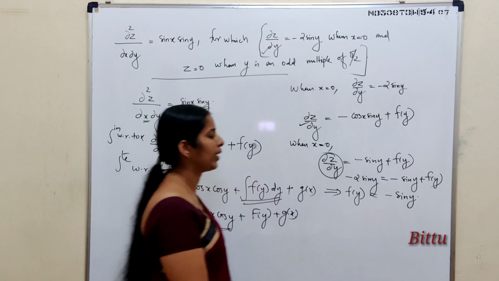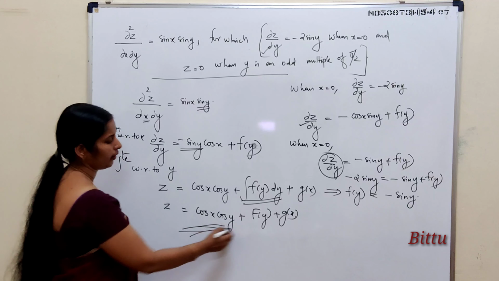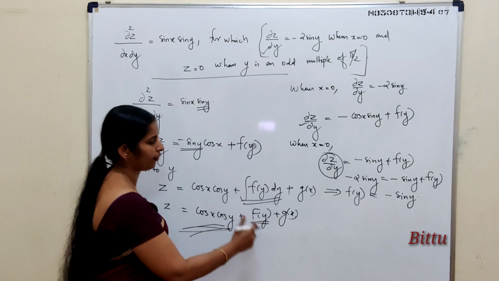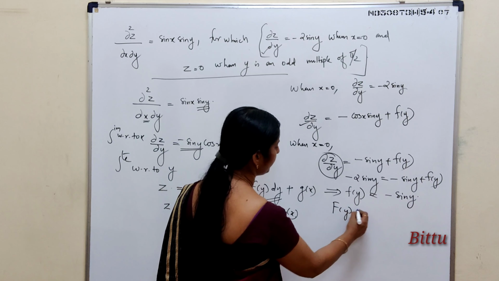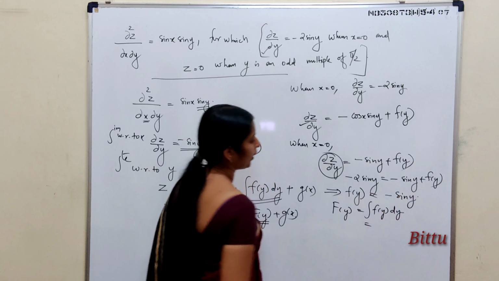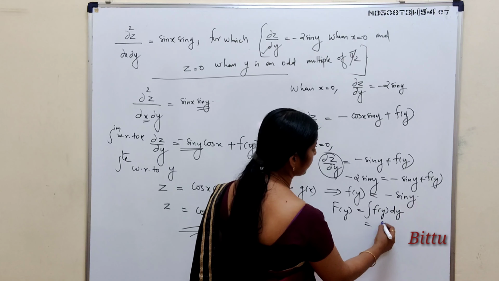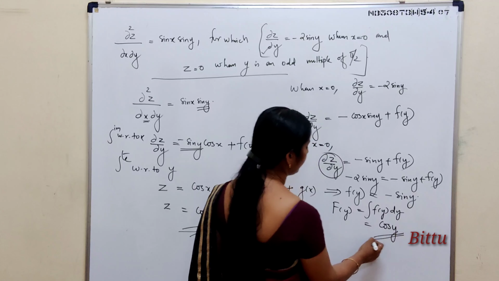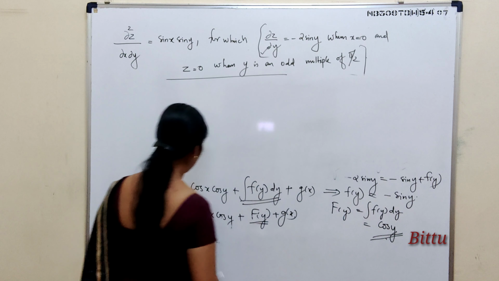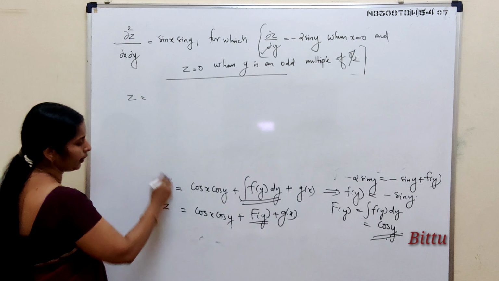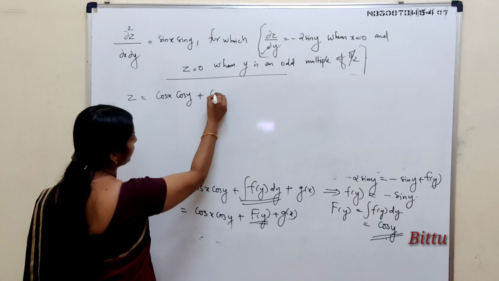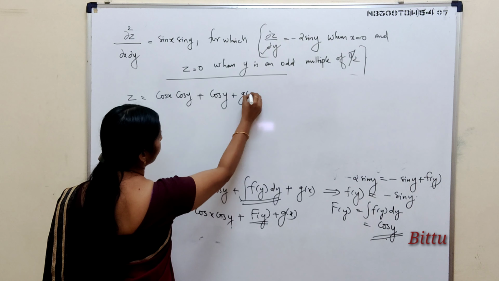So small f(y) is minus sin y. See, in our solution, we need capital F(y), which is the integral of f(y) dy. What is the integral of minus sin y dy? The integral of sin y is minus cos y, so it is cos y. So capital F(y) is cos y. So what is z? Our solution is, you replace F(y), cos x cos y plus cos y plus g(x).